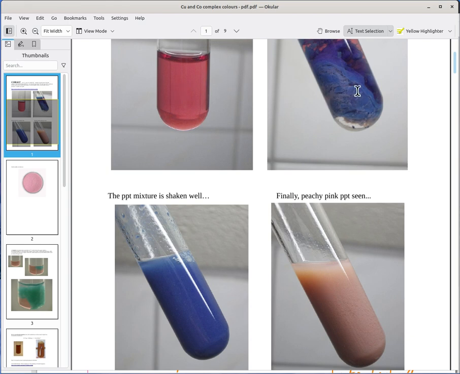So the reason why you see a couple of colors here is because the water ligands in the aqua complex, the water molecules which have attacked the central metal cation, actually begin to slowly leave. So we're getting different versions of complexes on the way to the final product. So that's why sometimes you get these intermediate looking things going on.